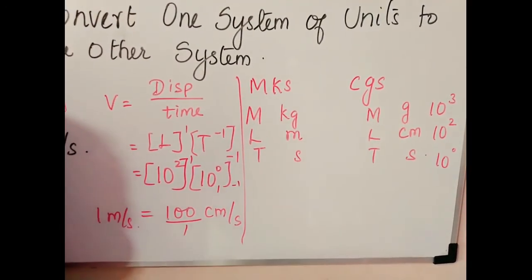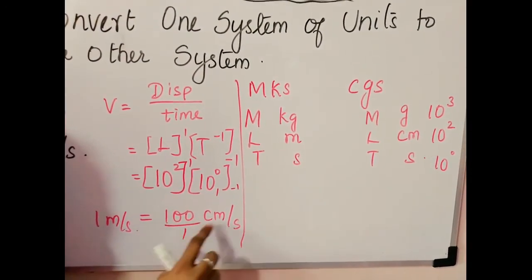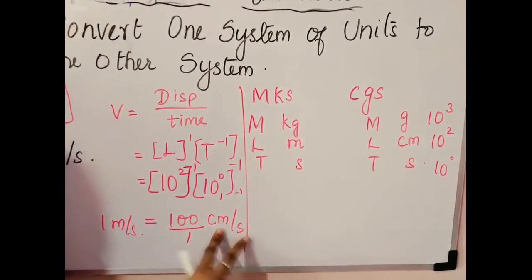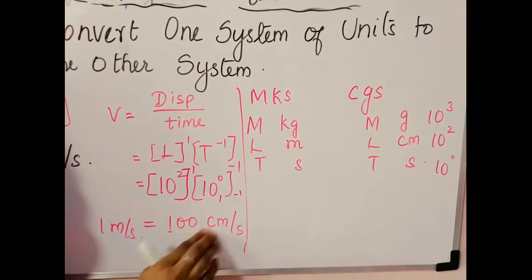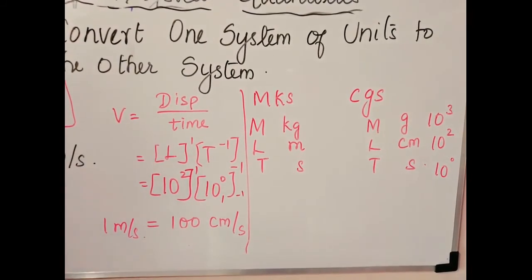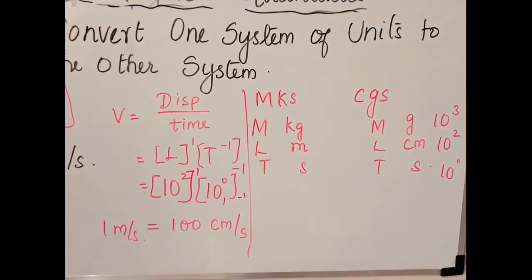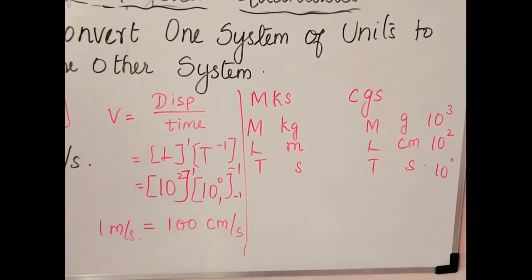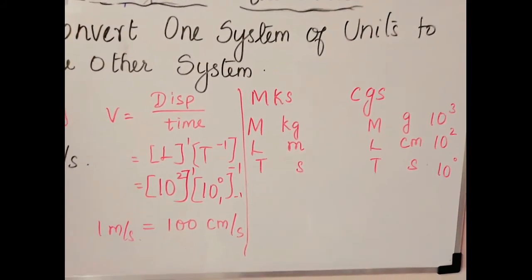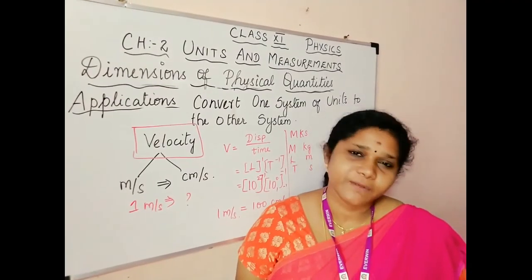So 100 by 1, that is 100 centimeter per second, and in the MKS system it is 1 meter per second. Thank you students. We will meet in the next class.